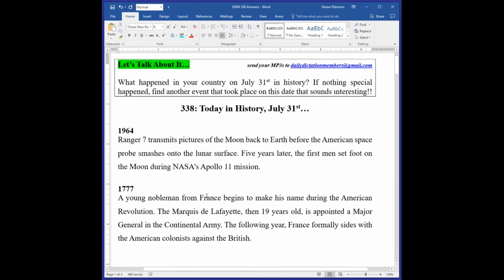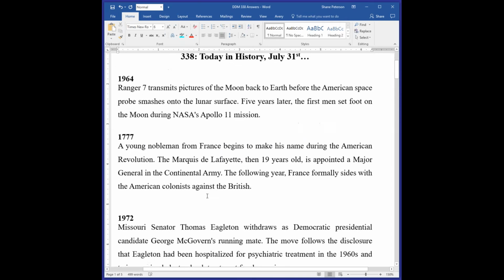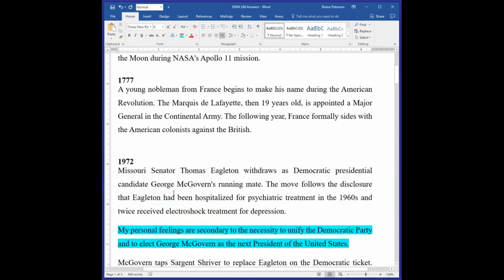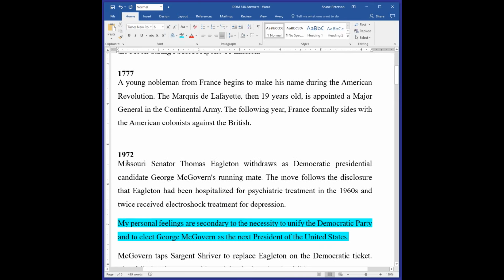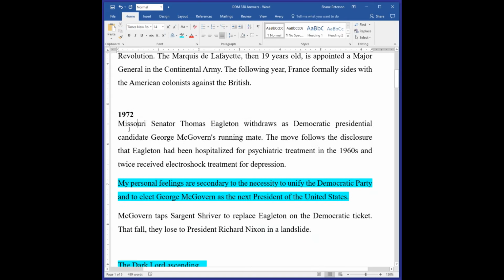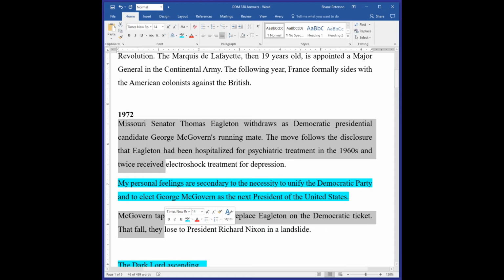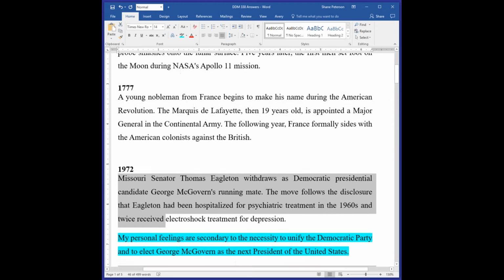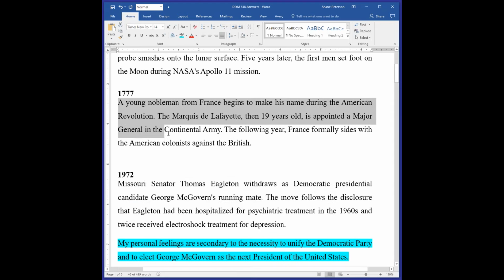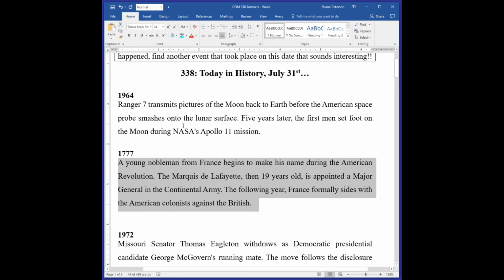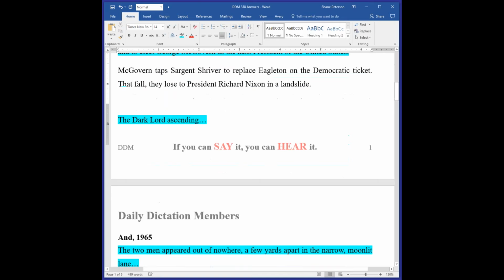Okay. Yoon, I'm going to give you 1972, the white section, not the blue. There are two white sections, so that's for Yoon. Sydney, I'm going to give you 1777. And who wants to do 1964? G1, 1964.